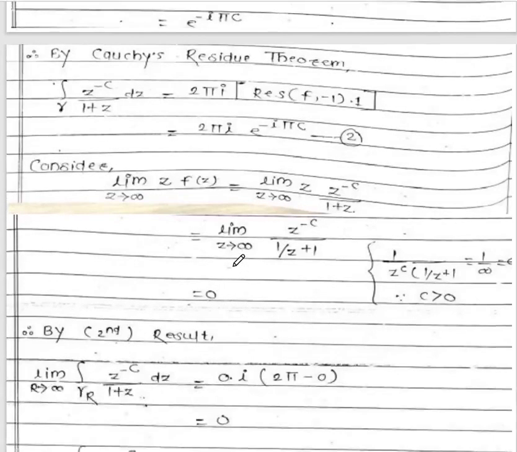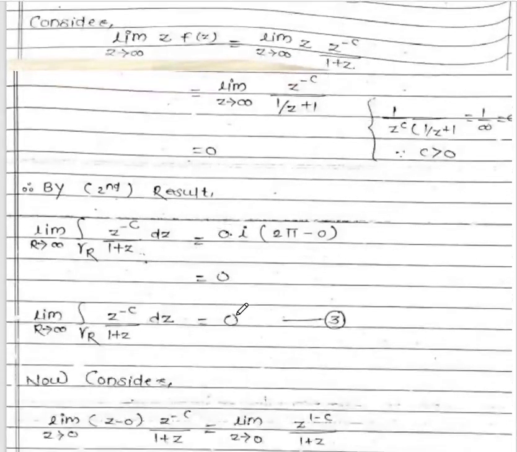Taking the limit as z tends to infinity, we get 0. Therefore, by the second result, the limit as R tends to infinity of the integral over curve gamma R of z to the power minus c upon 1 plus z dz equals 0 into 2 pi i, that is 0. This is equation number 3.